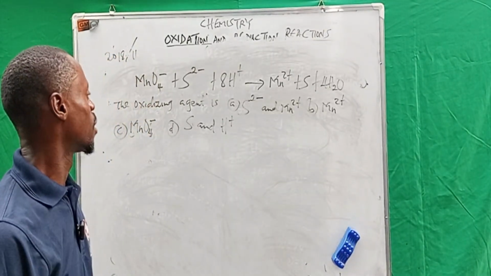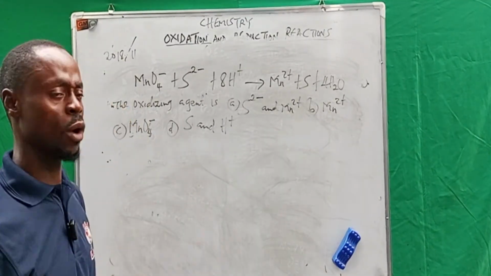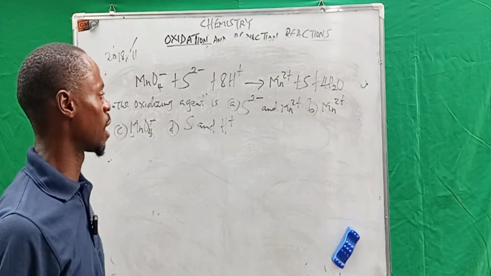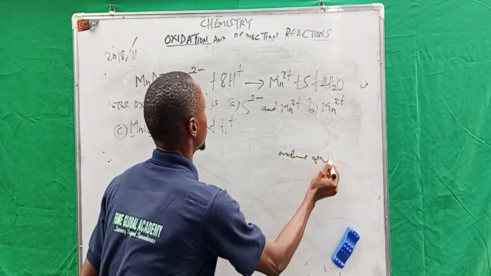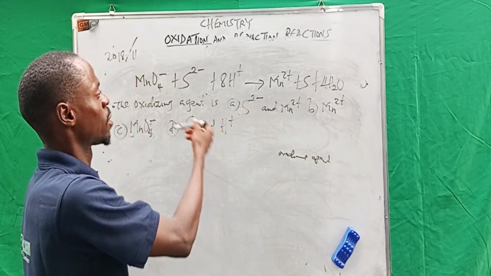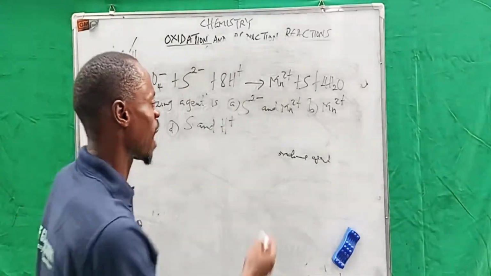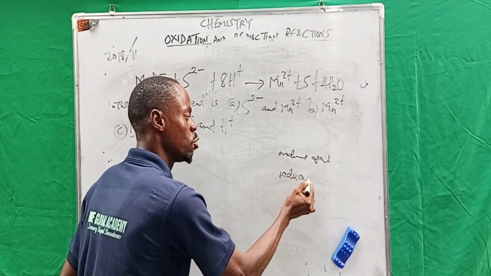And we are asked to identify the oxidizing agent. Looking at this question critically, how do you identify an oxidizing agent? Because in this reaction, we can see that some of the species possess charge. An oxidizing agent is the agent that is reduced.